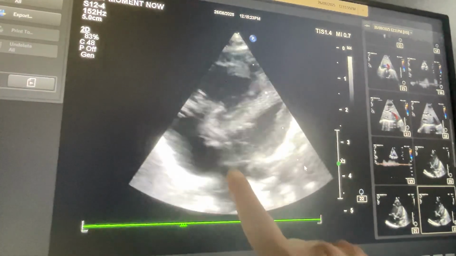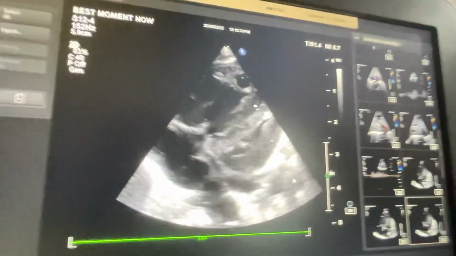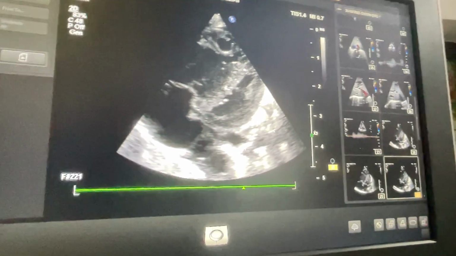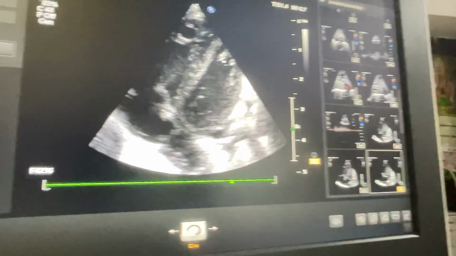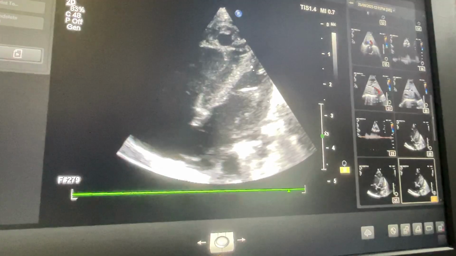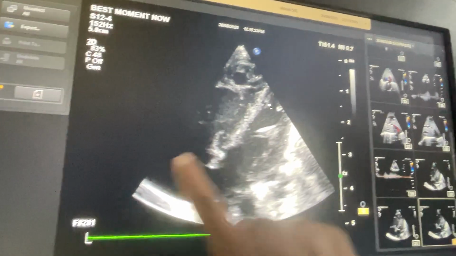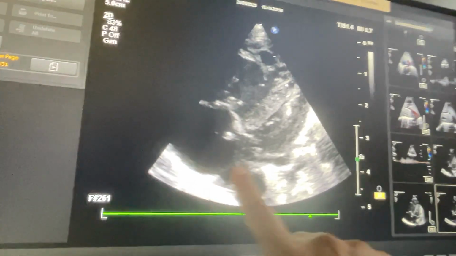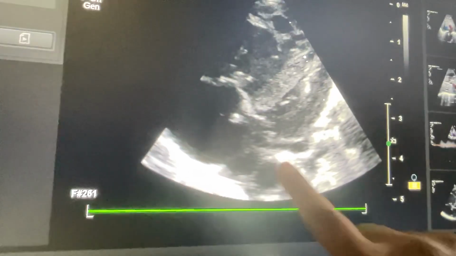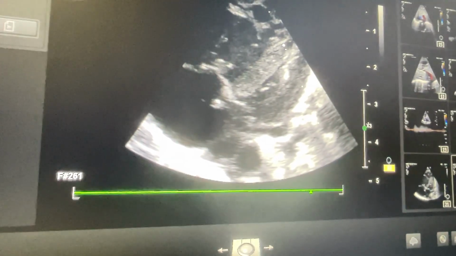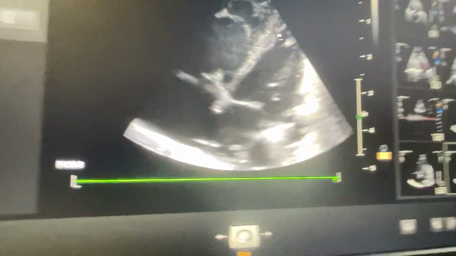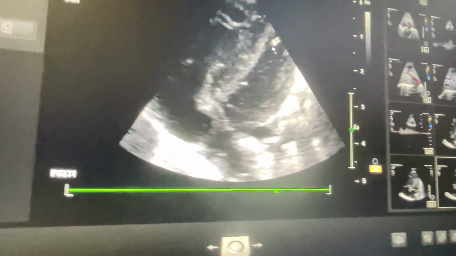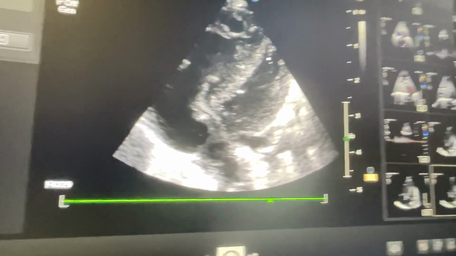In this image, this is the left atrium, this is the left ventricle, right atrium, right ventricle, and this portion is the pulmonary venous confluence. So in this image, only this much is given, we are getting this much information.